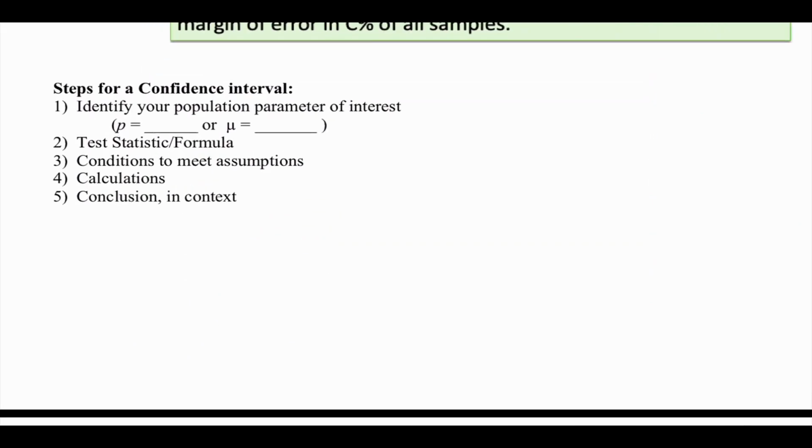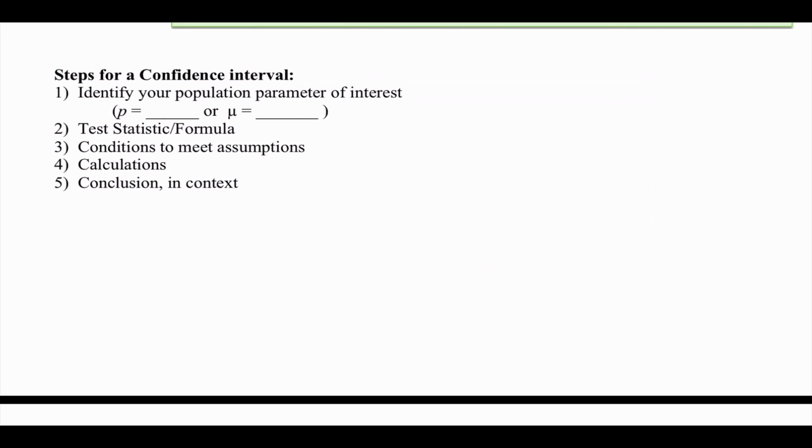So let's go back to the next page, bottom of the next page. Okay, so a confidence interval has 5 steps. 4 of them you've done before. You did on the last test, right? Anytime it asks you about probability of a sampling distribution, you did that.